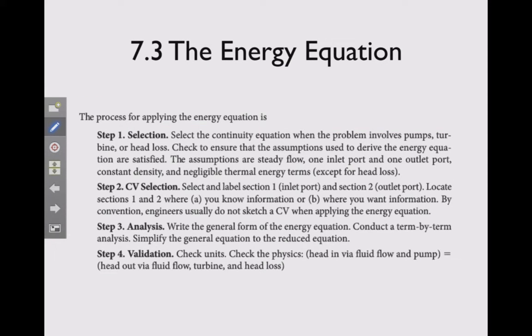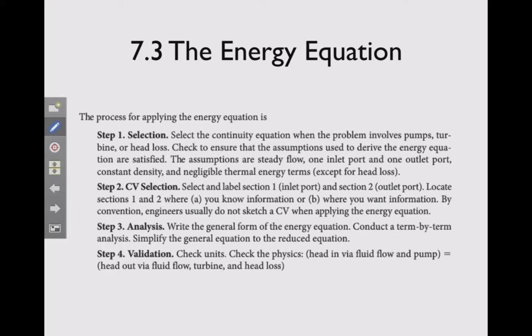To apply this equation, we're going to use a similar situation to what we've done before. We're going to apply these steps. Step one is selection. Make sure you select the energy equation when the problem involves pumps, turbines, or head loss.